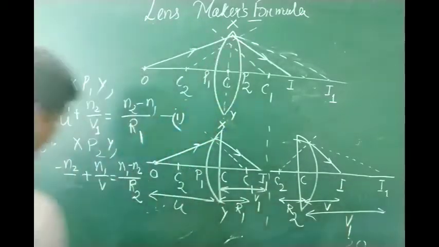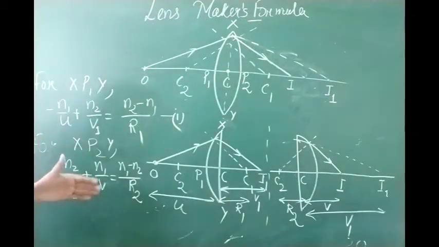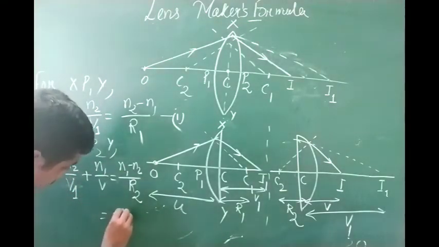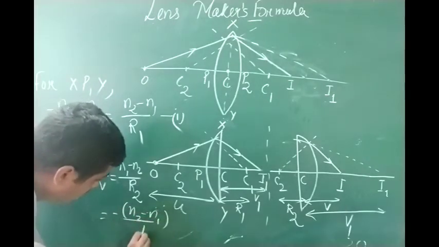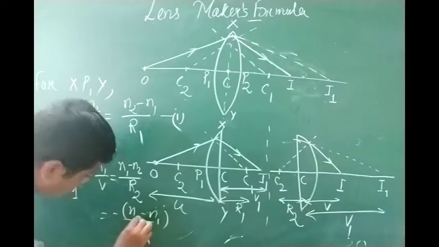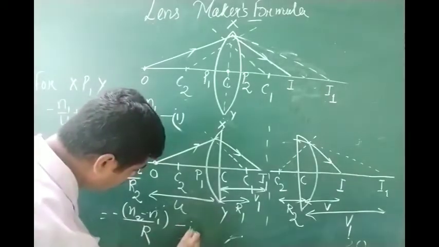You have to write this as v1: minus n2 by v1 plus n1 by v equals n1 minus n2 by R2. Next, I will take minus as common, so minus of n2 minus n1 divided by R2. This side will remain the same. Mark this as equation number 2.